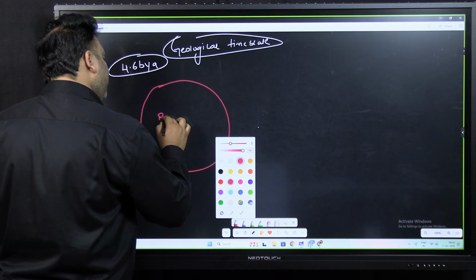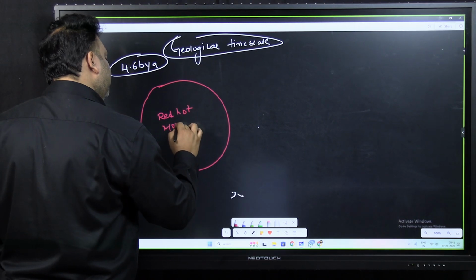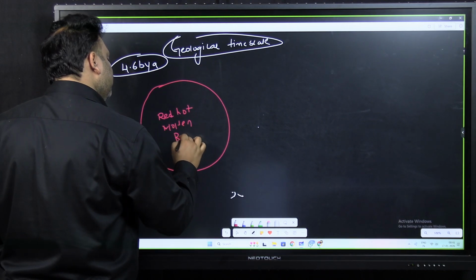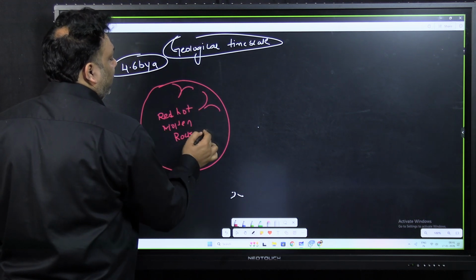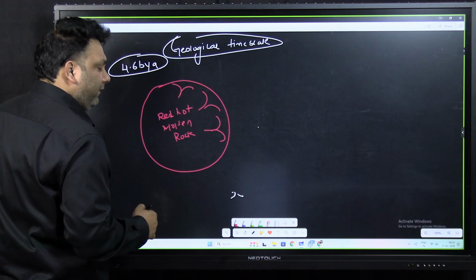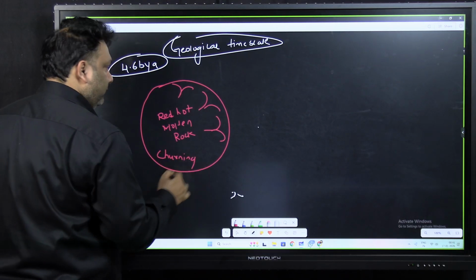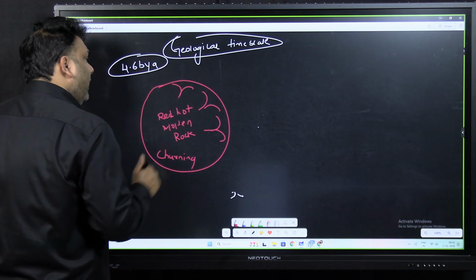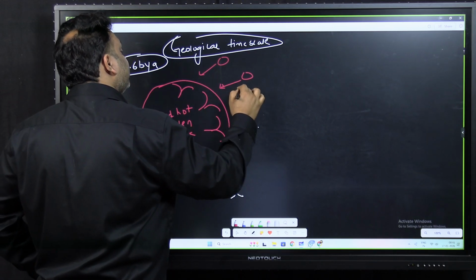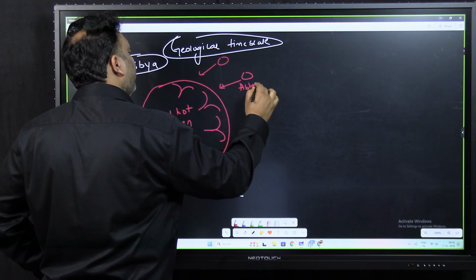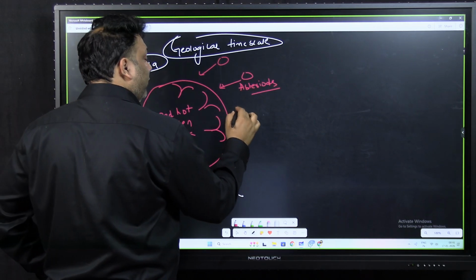A completely red, hot, molten rock in which chaotic convections were taking place, meaning a churning process was happening. And the Earth was being bombarded with lots of asteroids also, because at the time there was no oxygen.